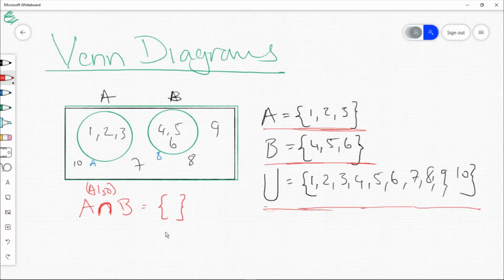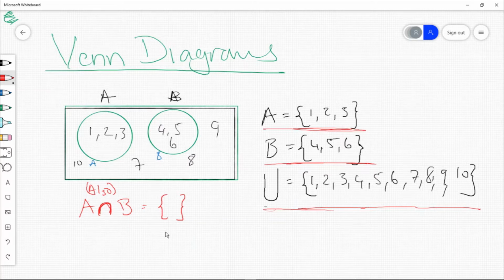You don't put any number there. The moment you put a number, say you put 0 to represent that there is nothing, the assumption will then be that 0 is the actual element that is in A and also in B, which is not the case.